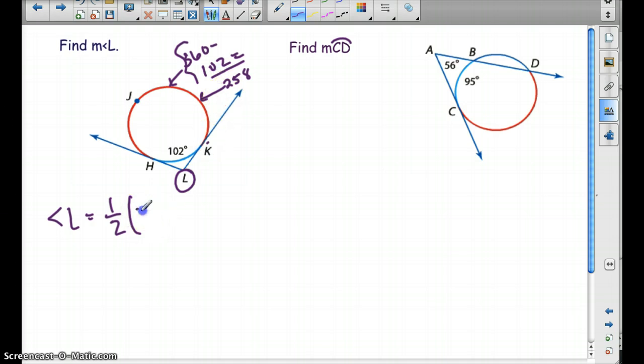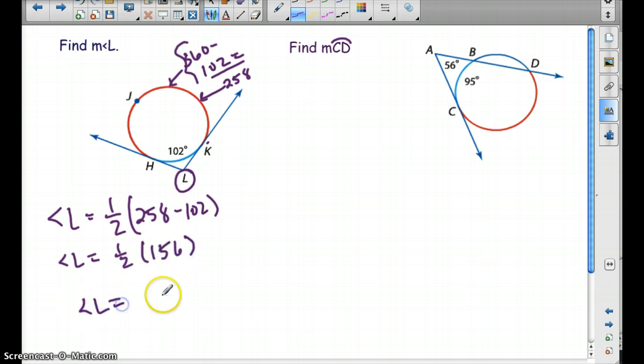So what we can do is take 258 minus 102 and take 1/2 of that. So angle L is going to be 1/2 of 156, which is going to be 78. So that's how you would do that problem.